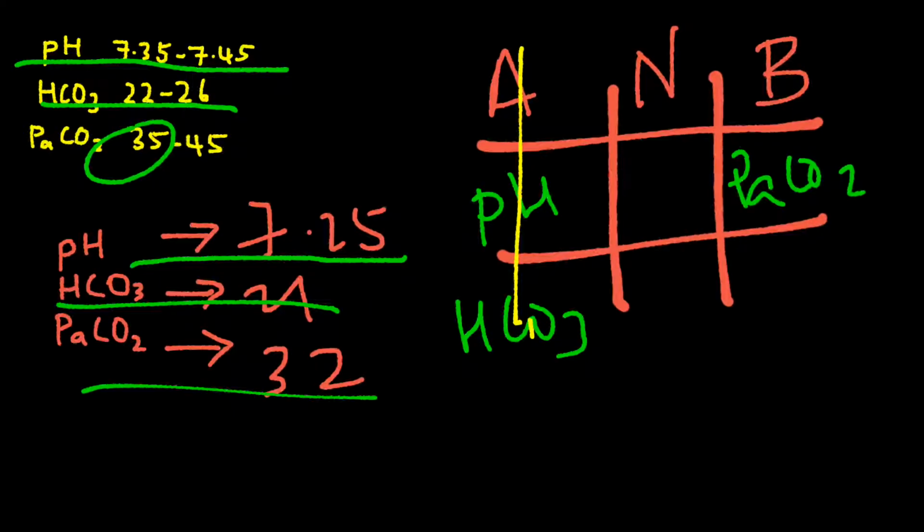It is trying to increase the base level so as to compensate for the acid level. So what is happening here is a compensated metabolic acidosis. However, we can't compensate it fully, so this is considered a partially compensated metabolic acidosis.